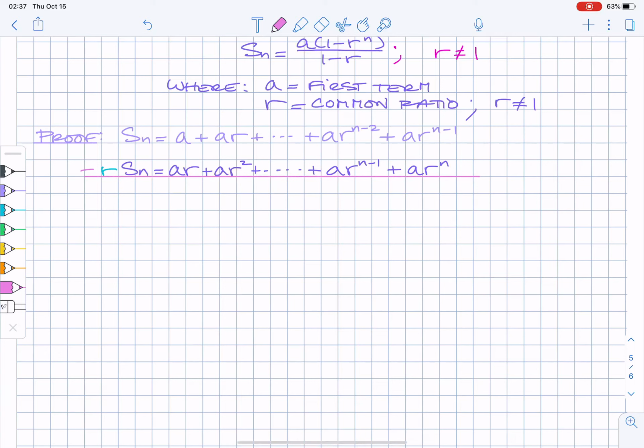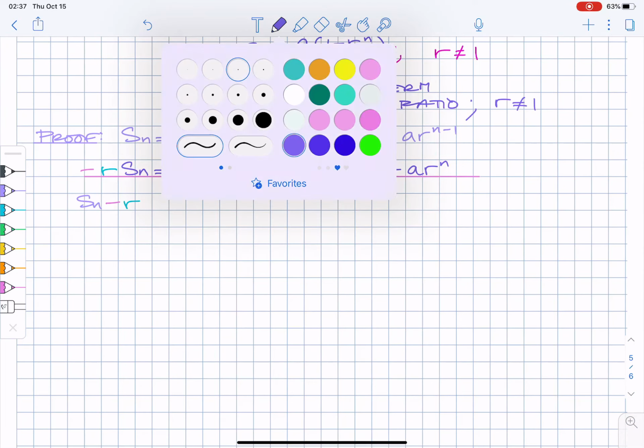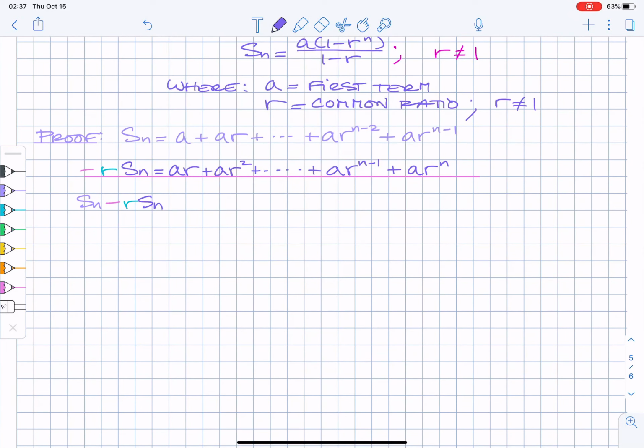So let's subtract. What I'm going to have is S sub n minus r times S sub n on the left, the nth partial sum. And on the right, if I subtract, the first term is going to be a minus ar. Then I'm going to add the next subtraction, which will be ar minus ar squared.